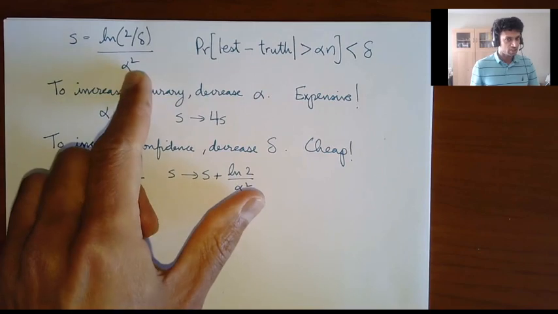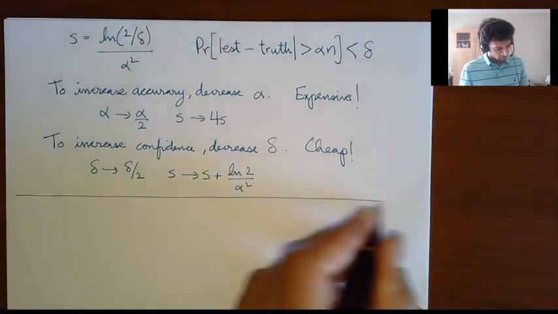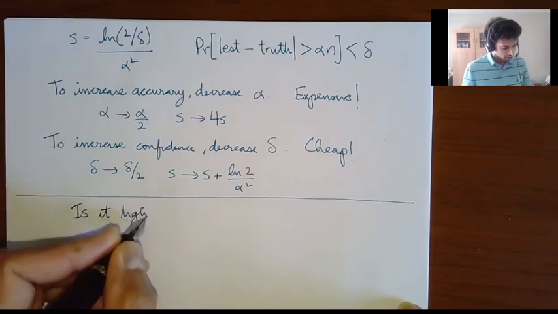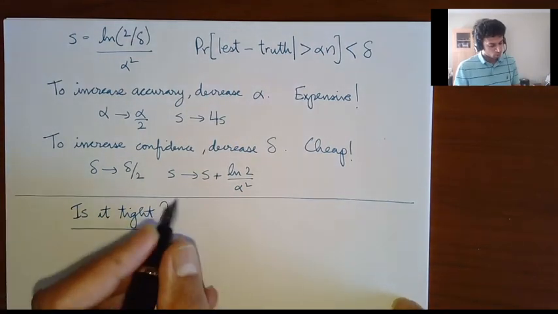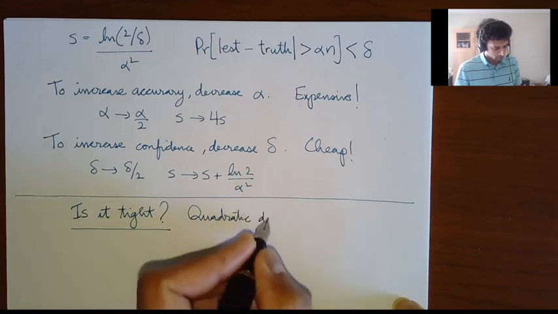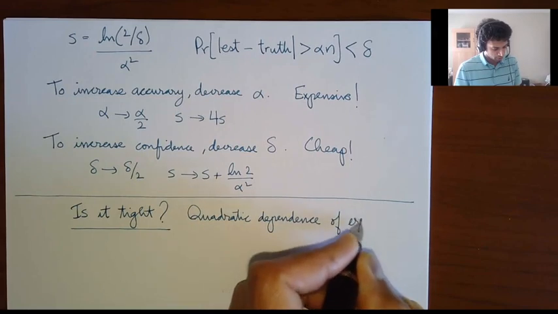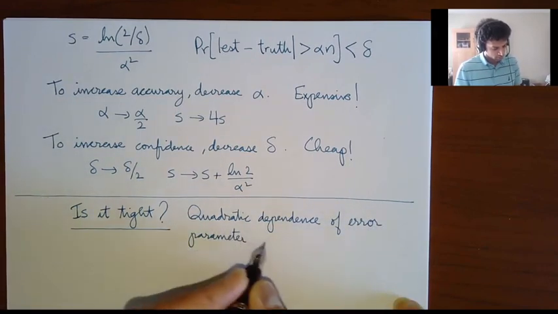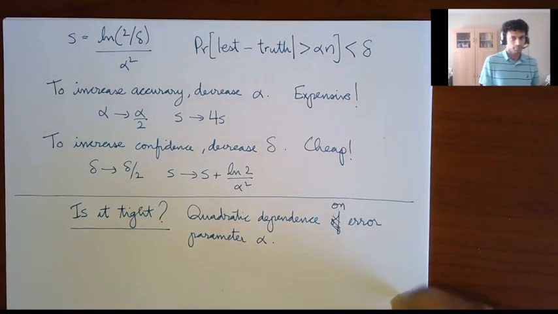Do you really need this quadratic dependence? So the first question is, is it tight? Meaning the quadratic dependence on the error parameter alpha.